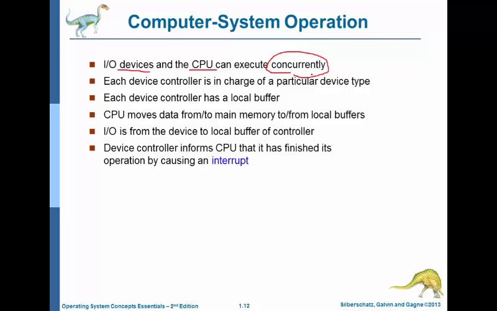Therefore, the operating system handles it. One of the things handled by the operating system is to save that data in the storage systems. So first it comes into the main memory. I/O is from the device to the local buffer of a computer. The device controller informs the CPU that it has finished its operation by causing an interrupt.